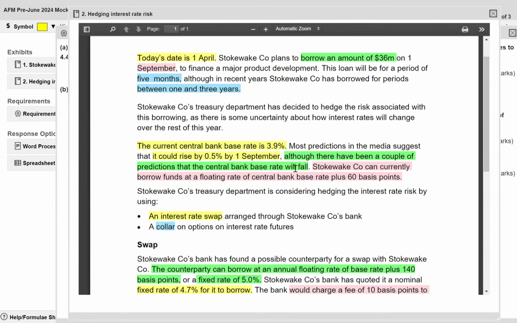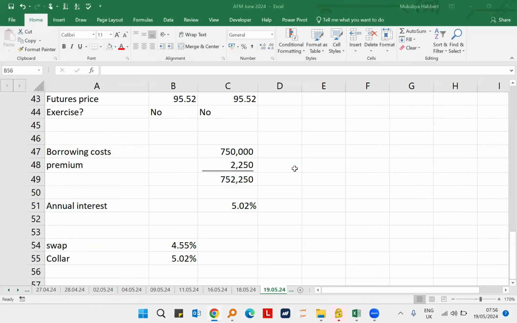If the rate falls, then the collar, being an option, gives you the right to benefit from the good movement. So if the collar is bought and the interest rates actually fall, it will be more beneficial to us than the swap. So, like I said, you need to take that into consideration when making the choice.